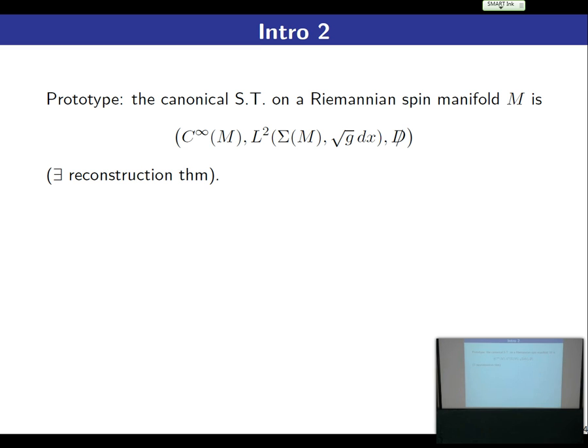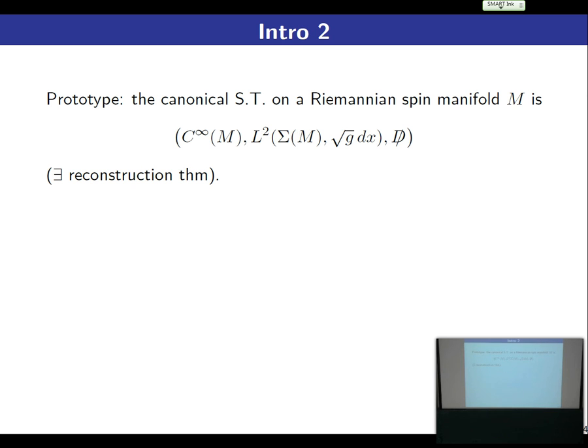In this case, the algebra can be taken as smooth functions on the manifold, the Hilbert space is square integrable sections of a spinor bundle, L2 with respect to the volume defined by the metric g, so in coordinates it is square root of g dx, and the usual Dirac operator is defined with respect to some spin structure.